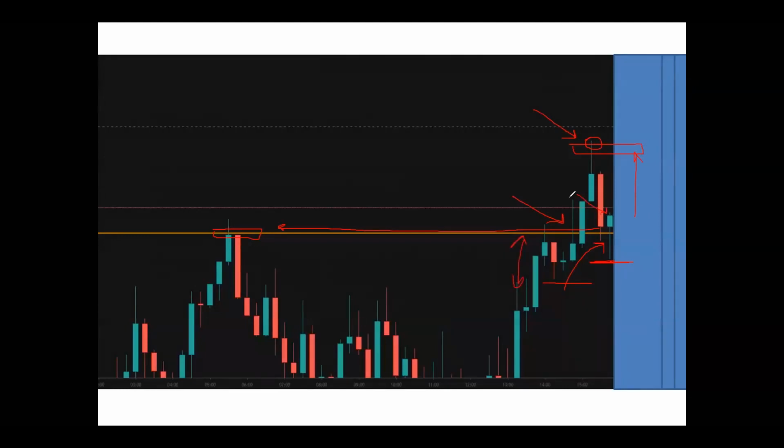Make sense? And these are the trades that we've taken on Mixer every day, because you're just waiting for price to do something that you want to see, right?